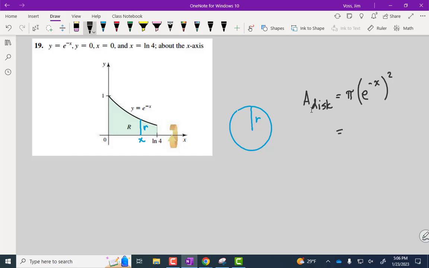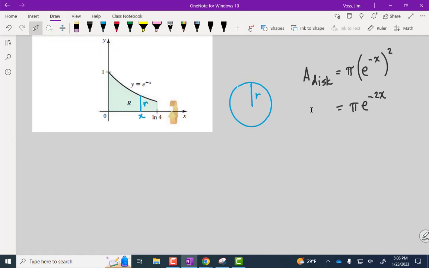So how does that simplify? Everybody agree with that? Power to power, multiply. Everybody okay with that? So that is the area of our disk.